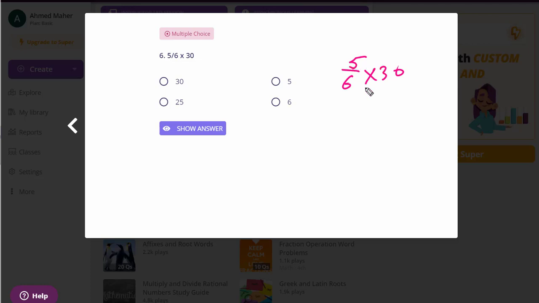So 5 times 30 equals 150. 150/6. Use the division. You will get 25.